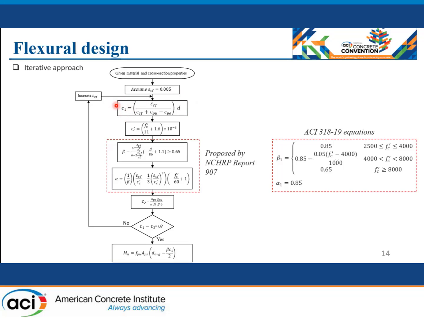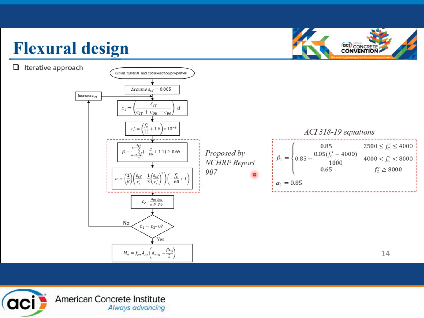the first neutral axis depth. Then these are equations for beta and alpha, which were proposed by NCHRP Report 907. And then after calculating those beta and alpha, you calculate the neutral axis depth using the equilibrium equation. You keep iterating until C minus T equals 0, and from there you can calculate the nominal moment resistance.